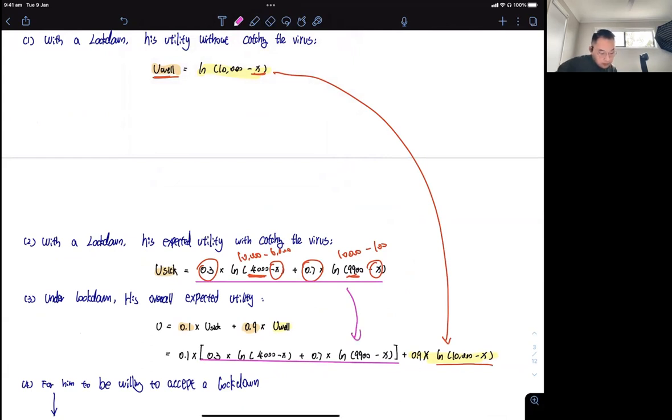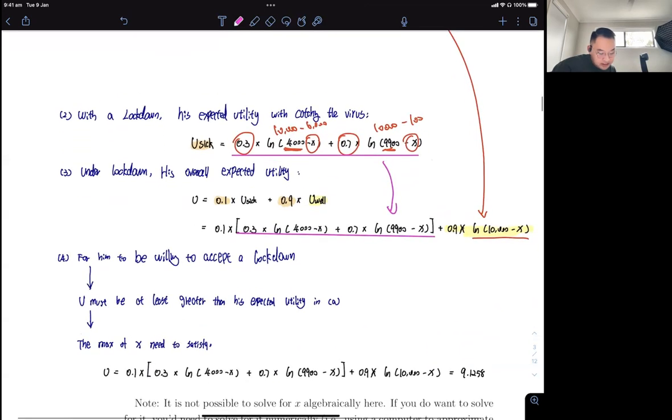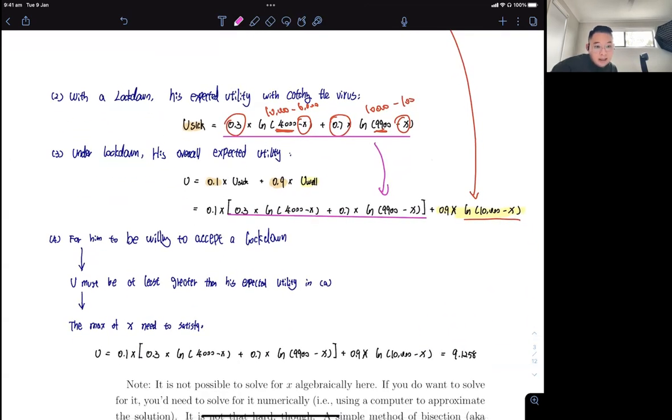So this will be the case under the lockdown, right? But we're not really interested in this. We are interested in what amount of X he will accept. So for him to be willing to accept the lockdown, U must be at least greater than his expected utility in question A. Because otherwise he would not accept the lockdown.